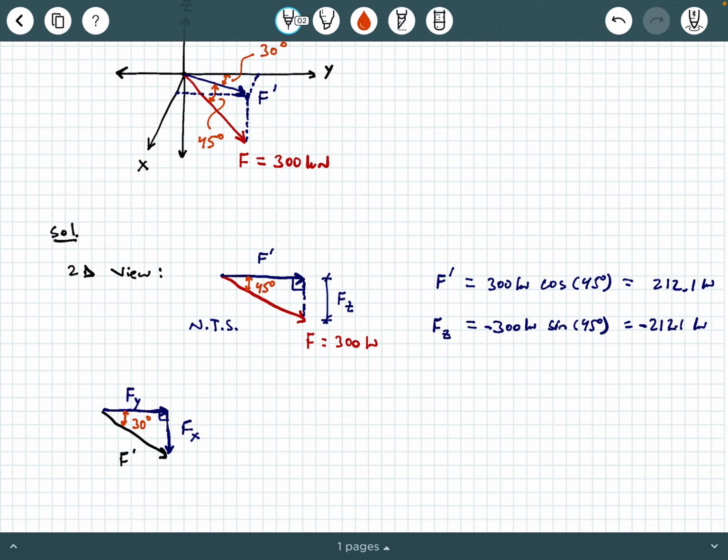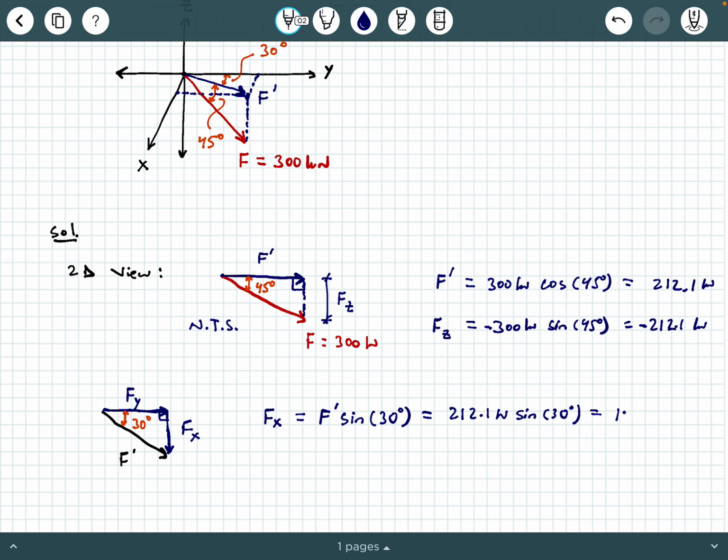So now what I'm going to do is I'm still going to be using some right triangle trigonometry here. So I can say that fx is going to be equal to f prime times the sine of that 30-degree angle. And of course, we know f prime is the 212.1 kilonewtons, and we say times sine of 30 degrees, which of course is just 0.5.